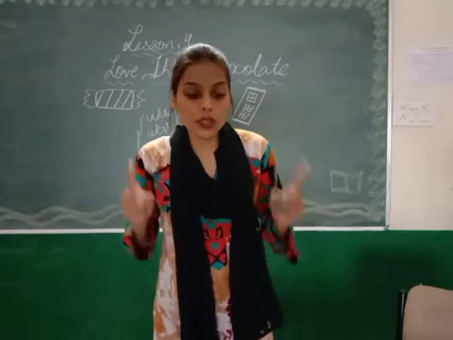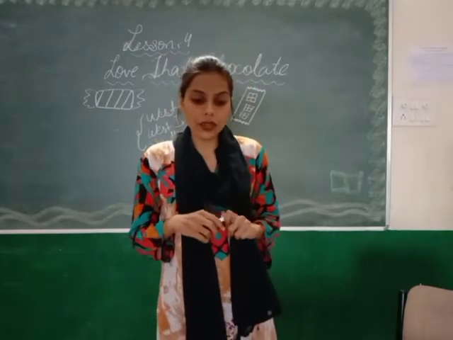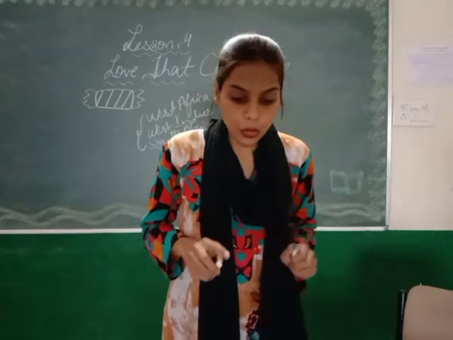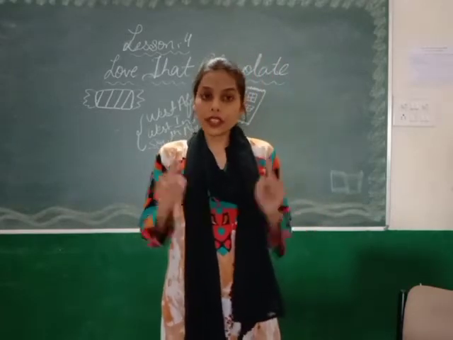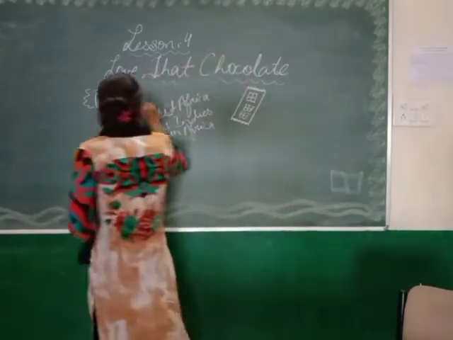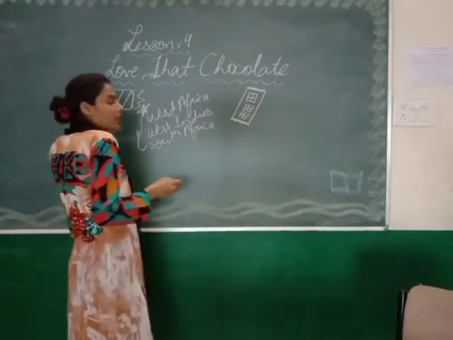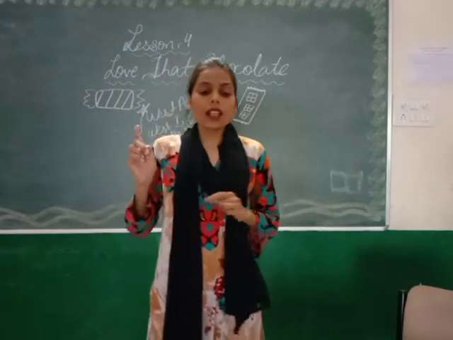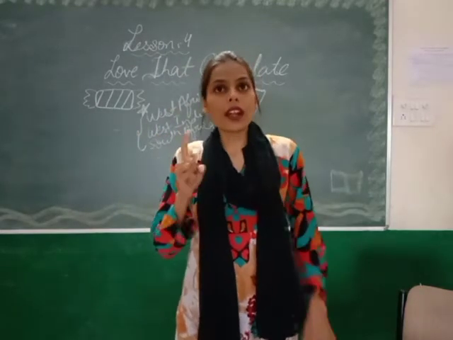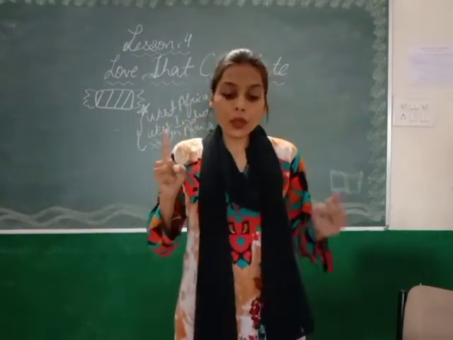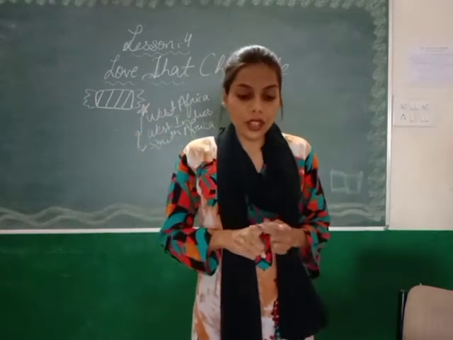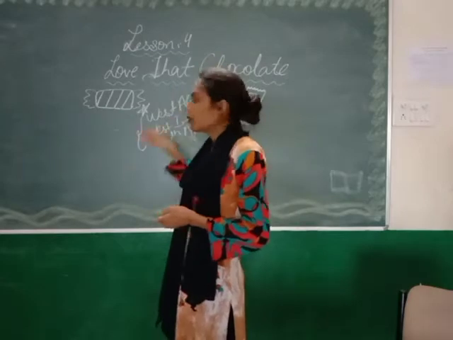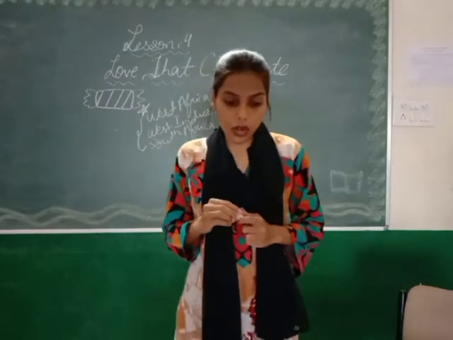They produce lots of chocolates. West Africa, the only one country, produces half of the world's chocolate. So by reading this you come to know that West Africa is the chief producer of chocolates.